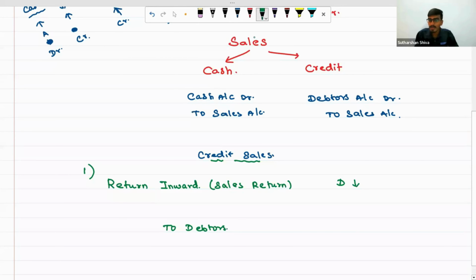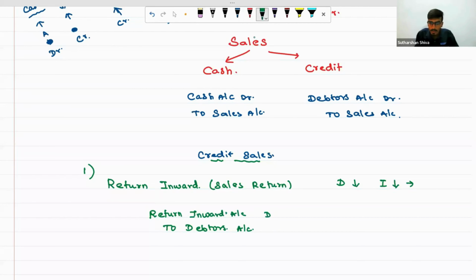Debtors account. Next, my sales, my revenue generating activity, comes down. My income is reducing. If my revenue is decreasing, I need to do a debit. I can put sales account also, but for accountability purposes, I will create a new account called return inward account.